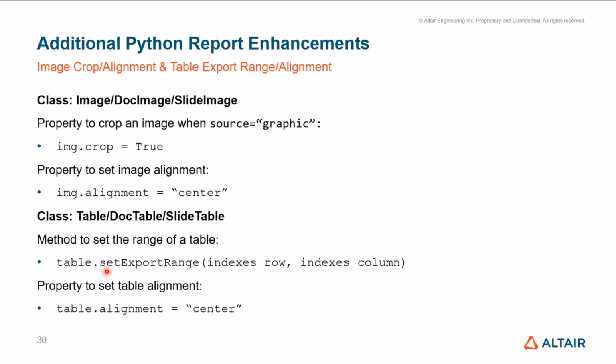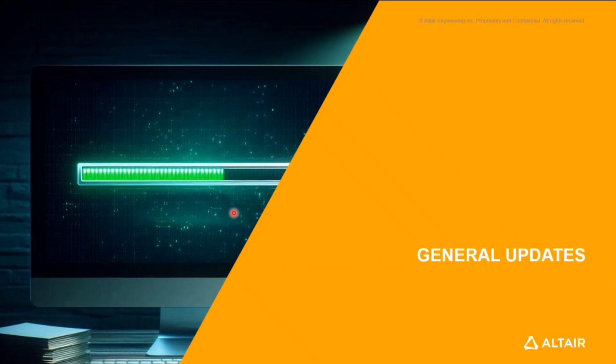For the table, we can also set the export range by defining the rows and columns that we want to be exported, and there are many other APIs that you will find useful in our new documentation.